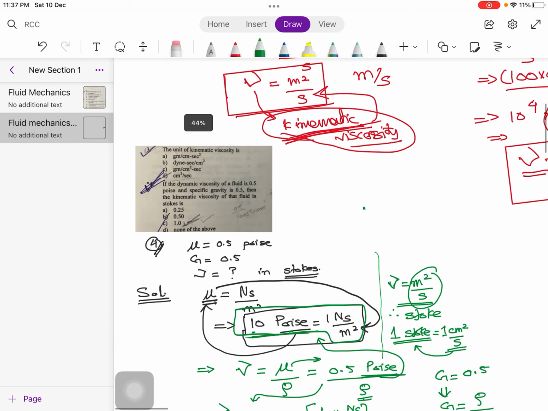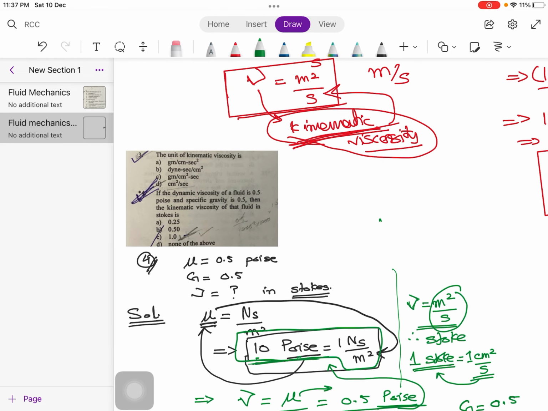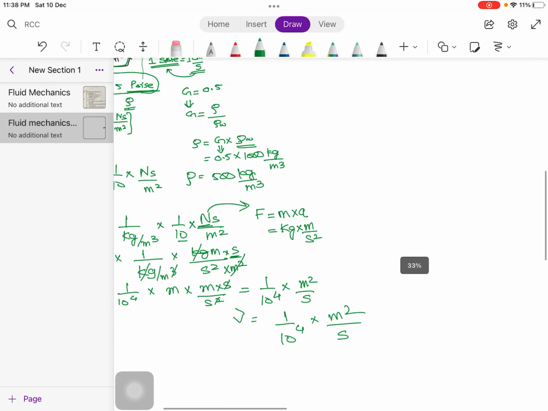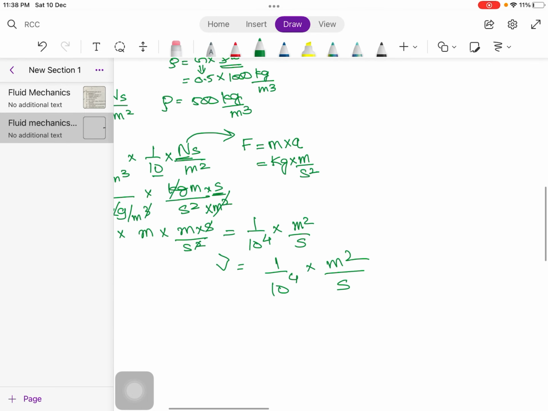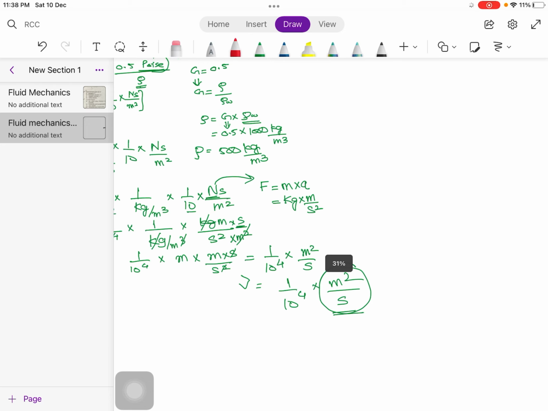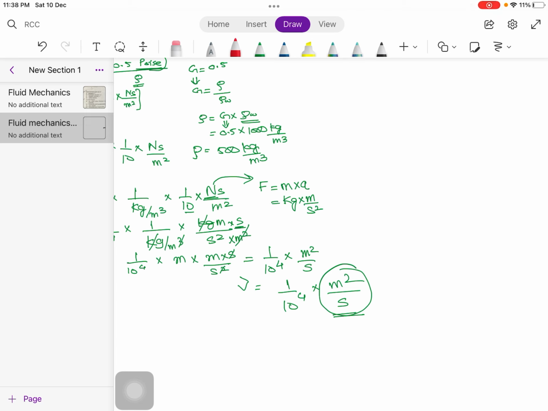Now in this question, we have been asked the kinematic viscosity of the fluid in Stokes. So this is the standard unit of viscosity, and we have learned a little bit earlier that a Stoke equals a centimeter square upon a second.